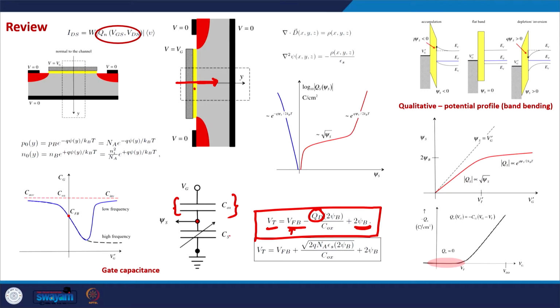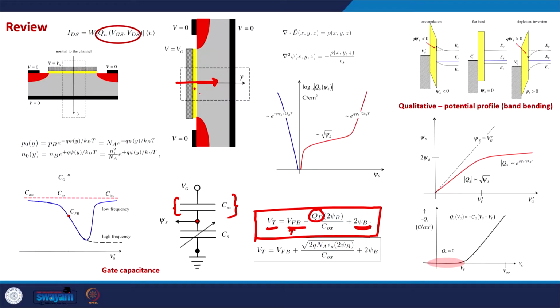When the psi s value is positive, first the depletion region appears, where the depletion capacitance comes into the picture, and then the inversion layer comes up, and by considering the inversion capacitance in the inversion layer as well, we realize that the semiconductor becomes like a metallic plate, and in that case the capacitance changes as compared to the depletion capacitance.